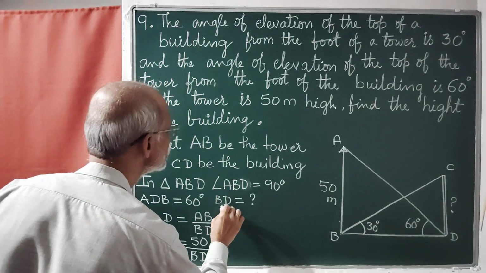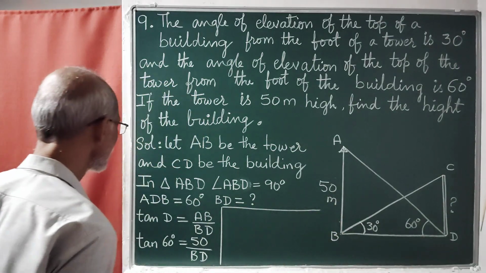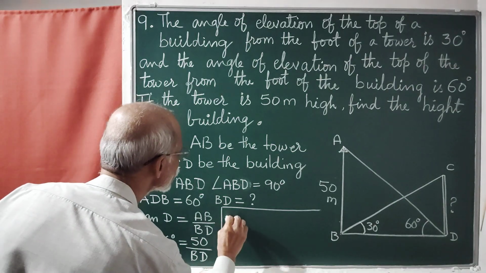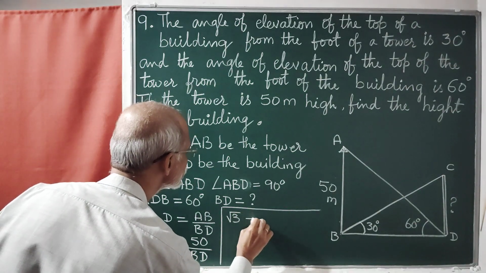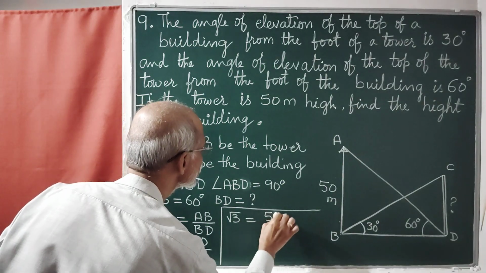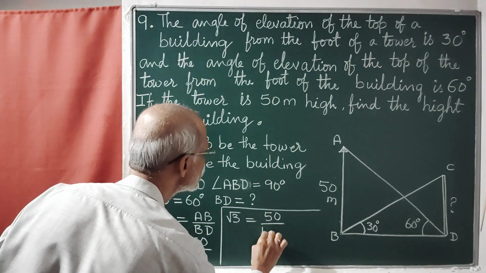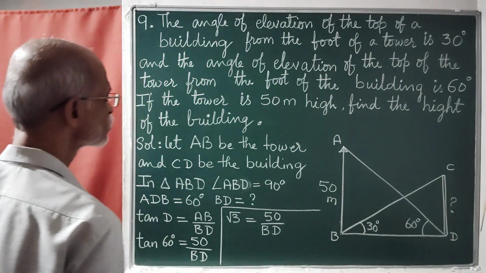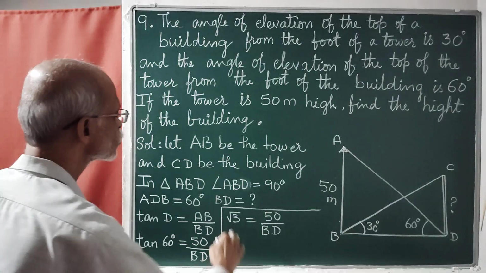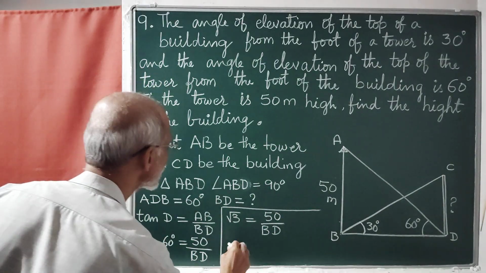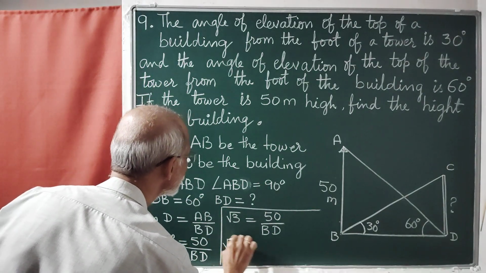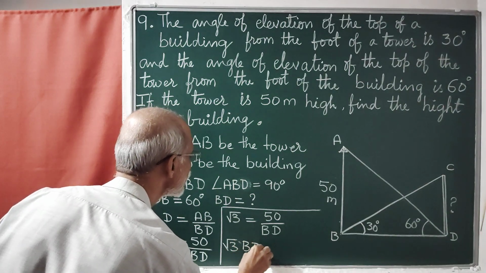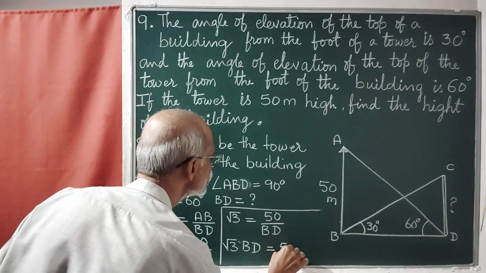Next, tan 60 is root 3. So root 3 is equal to 50 by BD. If you cross multiply, you will get root 3 BD is equal to 50.